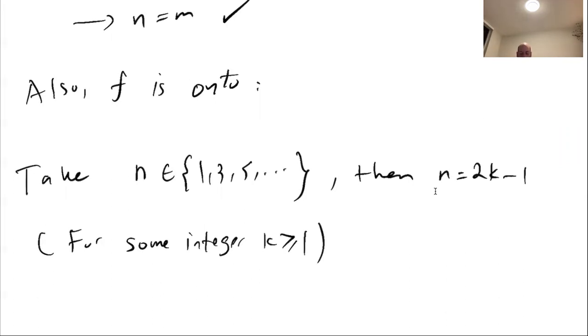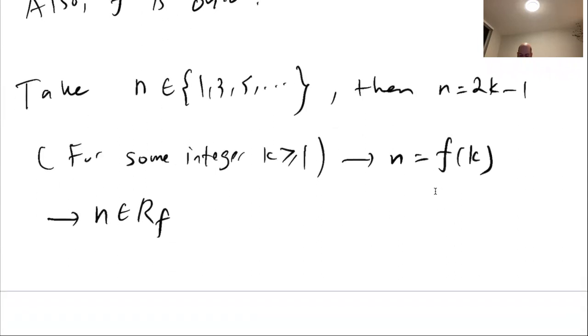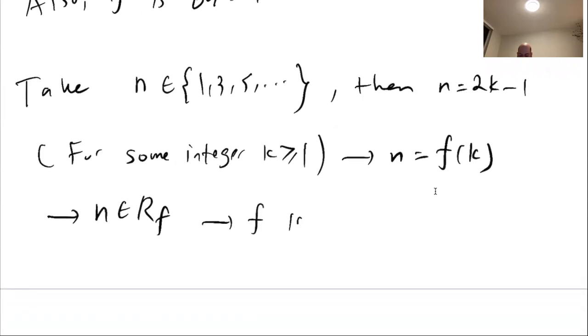Any odd number can be written in this form, and that means n has to be equal to f of k. So I showed that any element in the codomain is f of some input. That means n must be in the range of f, and that means f is onto.